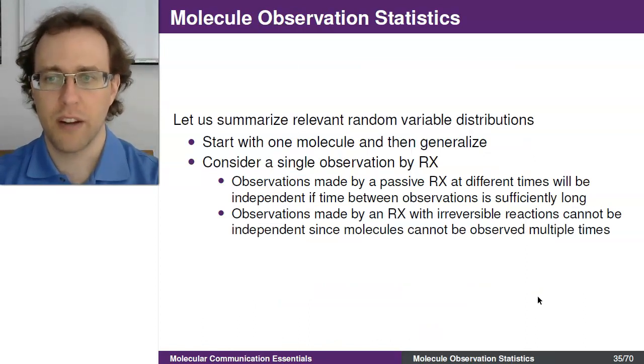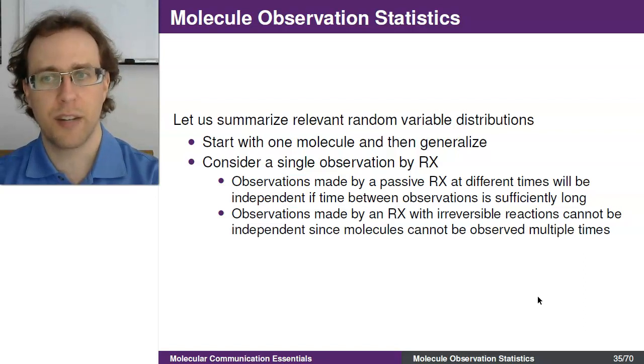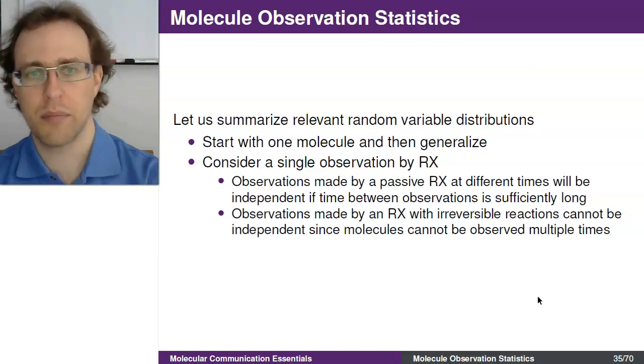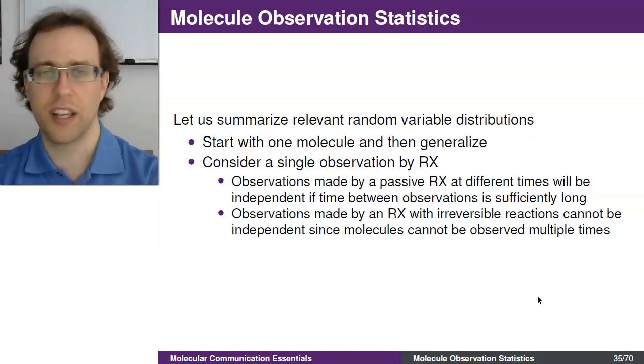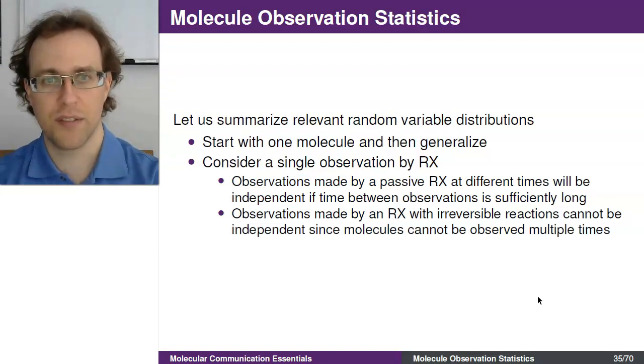But what we can do now is summarize some relevant random variable distributions. This will help lead towards applying communication analysis. I won't be covering much actual communication analysis in this talk. That's covered quite a bit by some of the other speakers in the symposium.